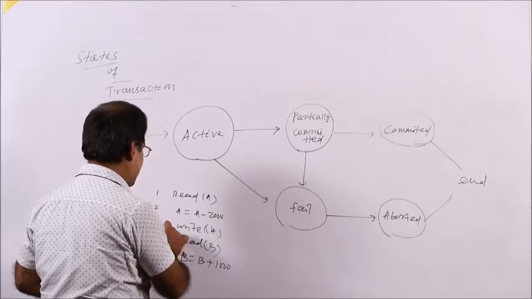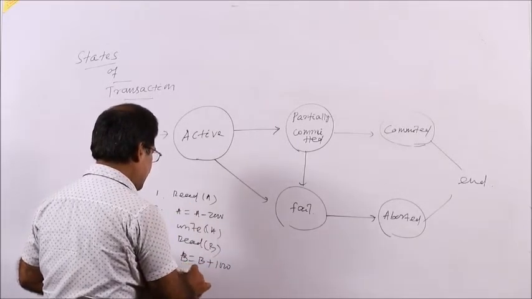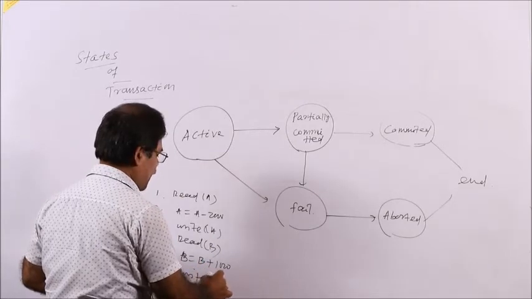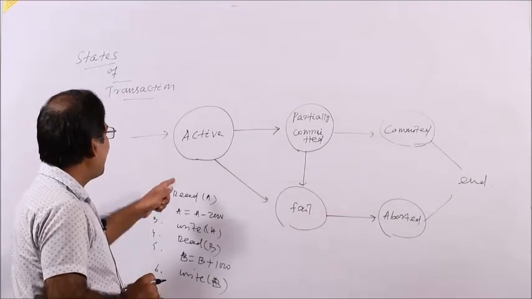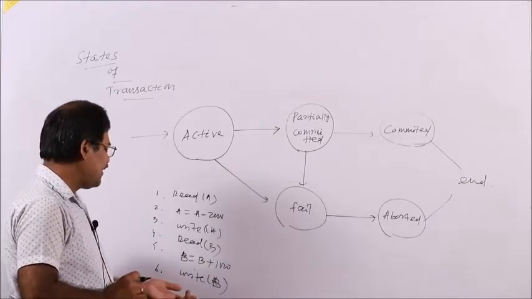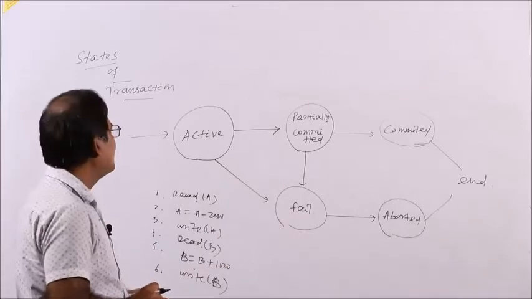The sixth line is write B. So how many statements does this transaction contain? Six statements, or six lines of code.